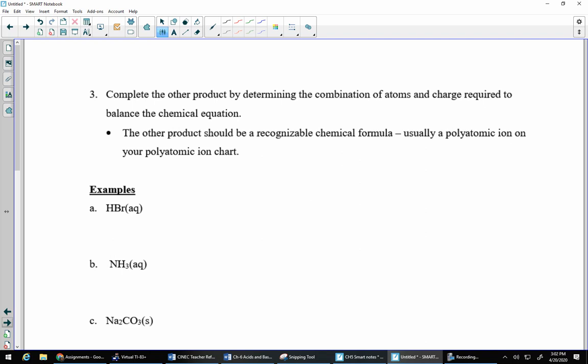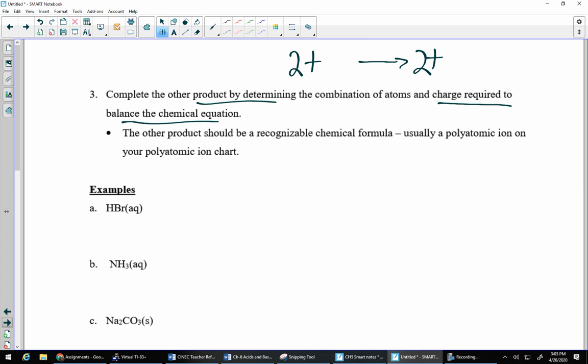Okay, so we want to complete the other products by figuring out whatever atoms are left, and the charge required to balance the equation. So if I had a charge of +1 on my reactants, I need a charge of +1 on my products, and vice versa. If it's +2 on my reactants, I need +2 on my products. So we're balancing not only the charges, but the atoms as well.